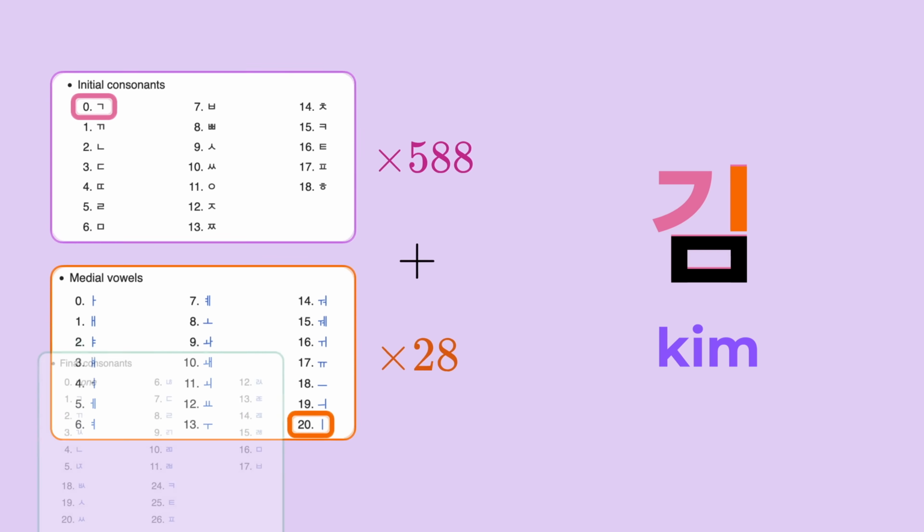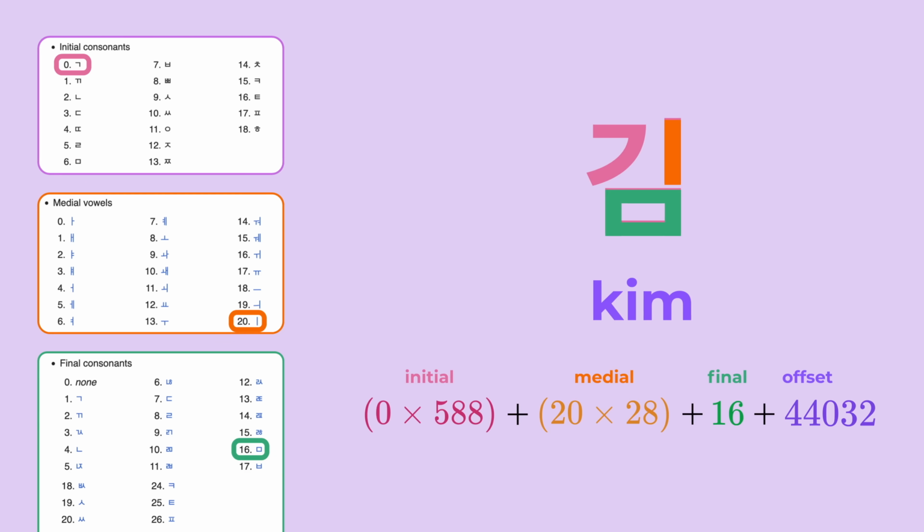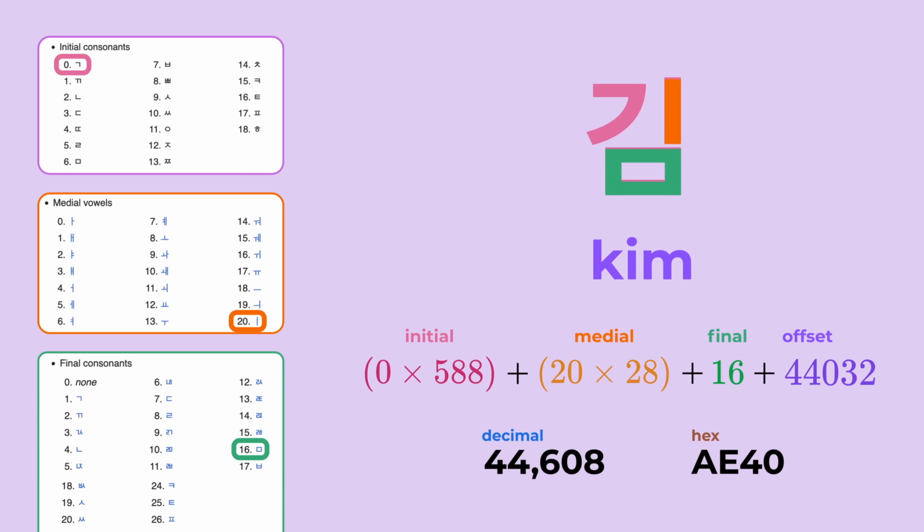We then add the value of the final consonant from this table, and then finally we add the start of the Unicode Hangul syllables block, which is 44,032. That gives us a total of 44,608, which converted to hexadecimal is AE40. And if you go and look up U+AE40, you'll find the Unicode character for the entire syllable Kim.